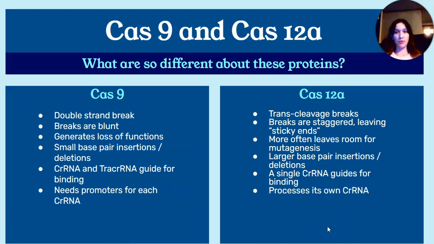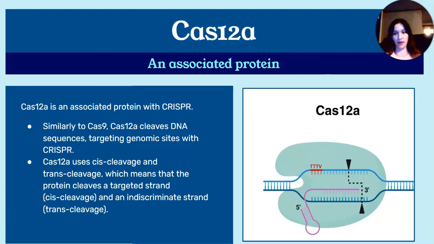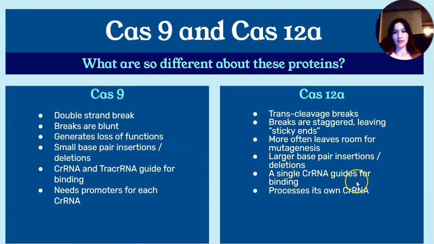There are many differences between Cas9 and Cas12a. Cas9 makes a double-stranded break that is blunt, which means that there can be loss of function. On the other hand, Cas12a has the mentioned trans cleavage with wide breaks that are staggered, leaving sticky ends, which means that there is room for mutagenesis.